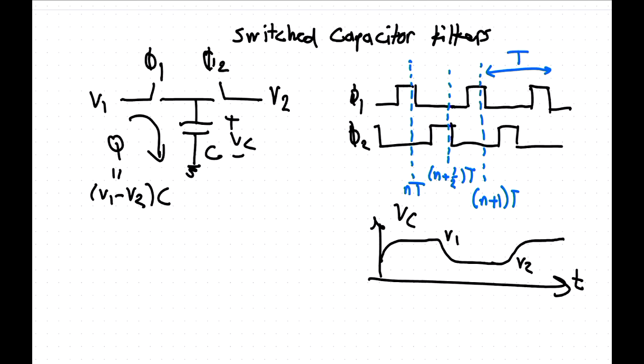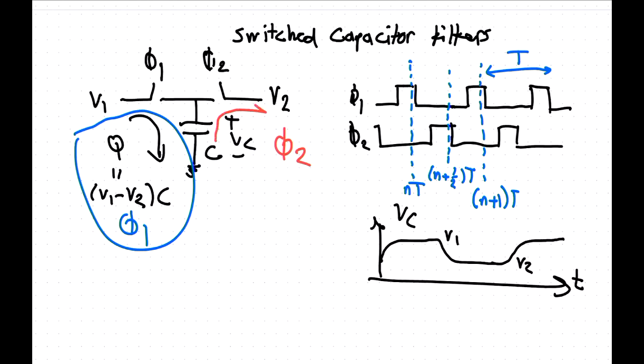All right. So for the purpose of analyzing, it's just settled close enough. Okay. So if you look at what happens in the next clock phase, during clock phase 2, phi 2, we'll have a charge Q flowing out here.